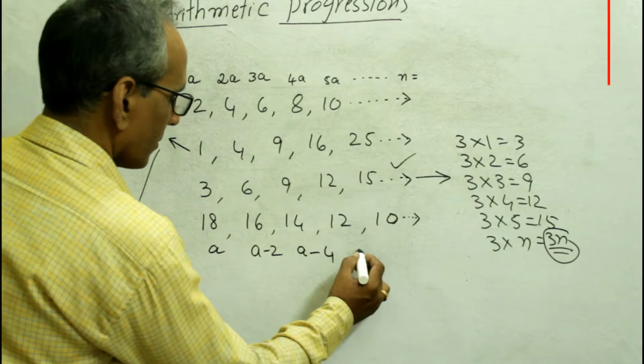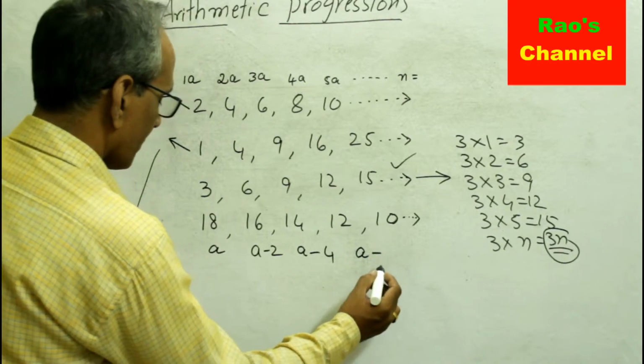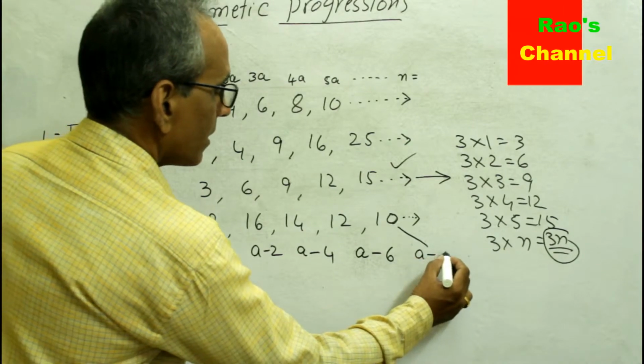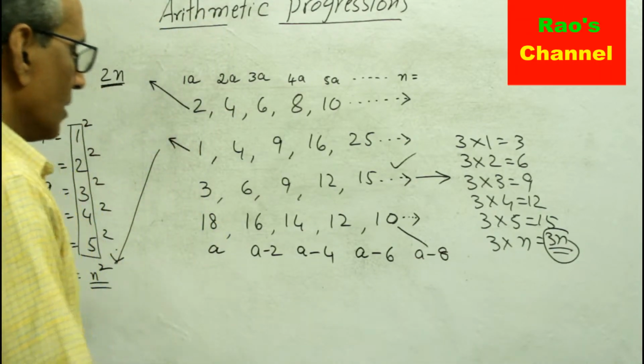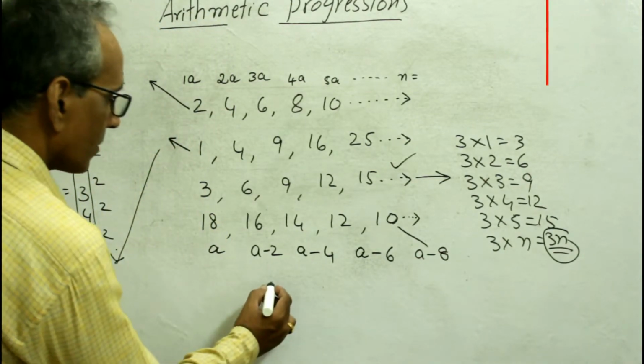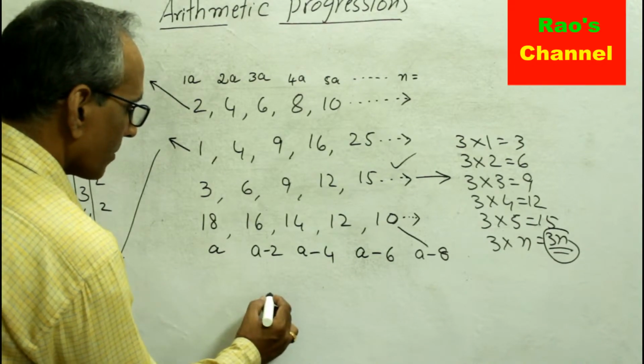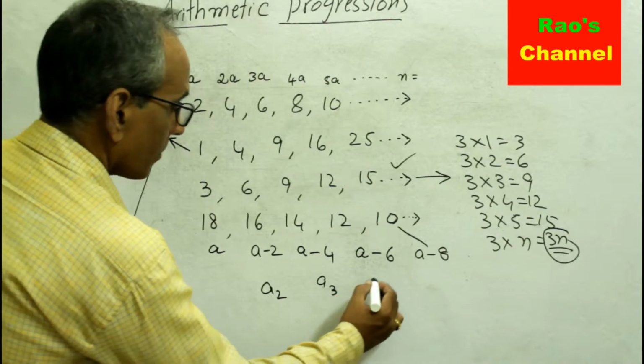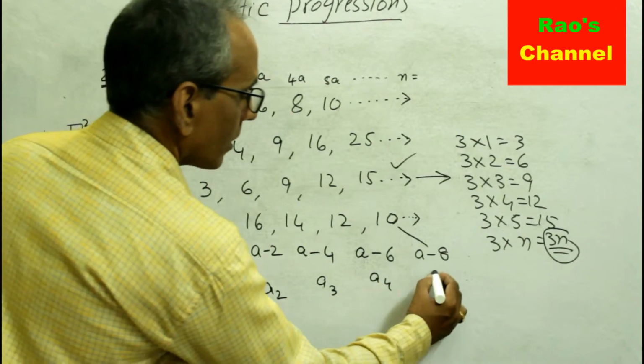Next this, A minus 6, A minus 8. So if the second number, I write A2, A3, A4, A5.